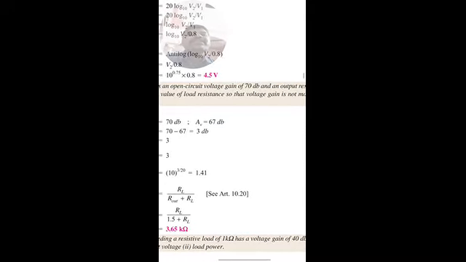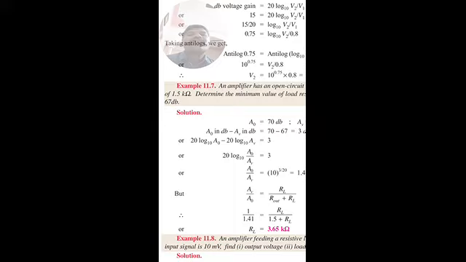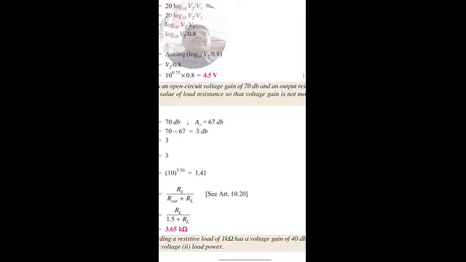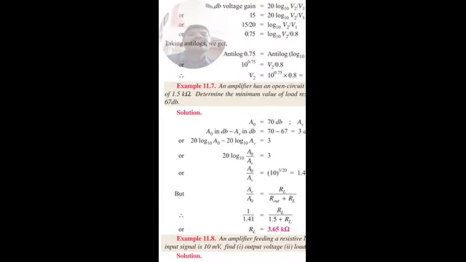Open circuit voltage gain 70 dB is given, and the output resistance is given, 1.5. So we need to find the load resistance such that the gain should not decrease more than 67 dB. So A0 is 70 dB and AV is 67 dB.